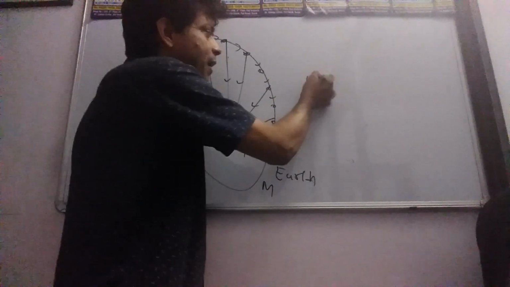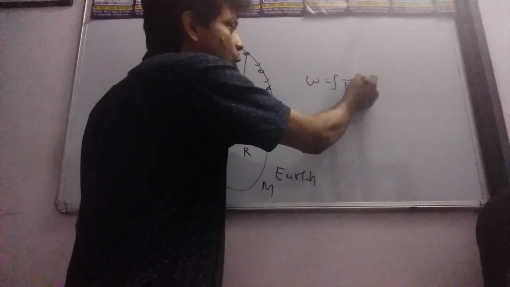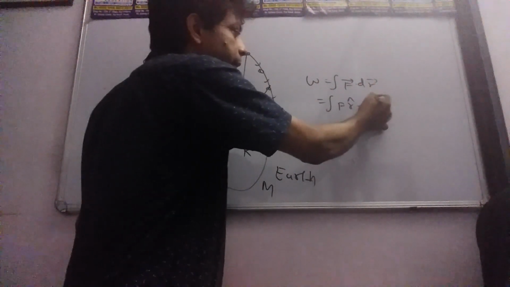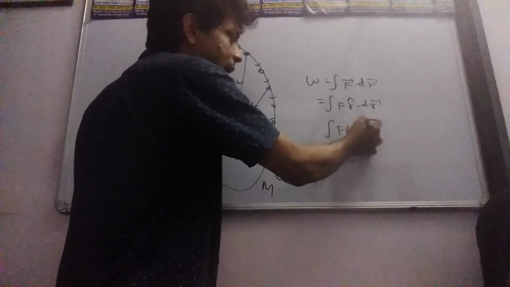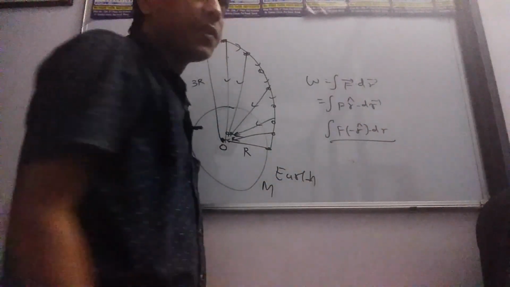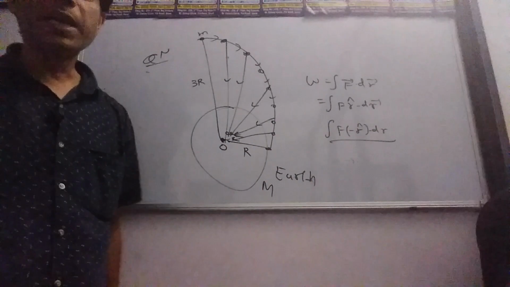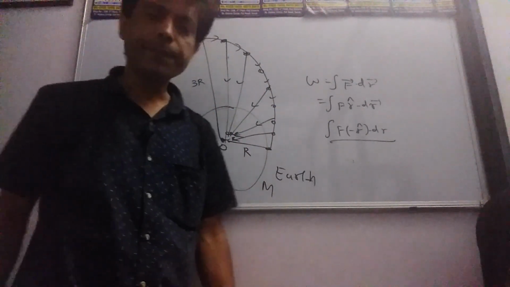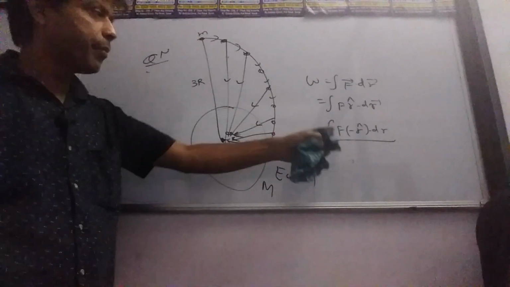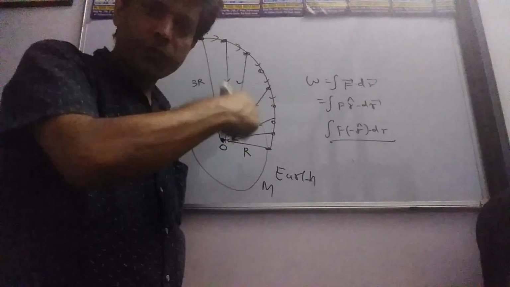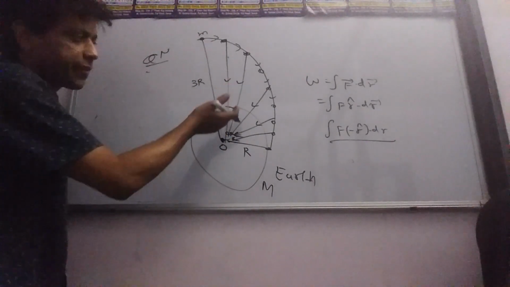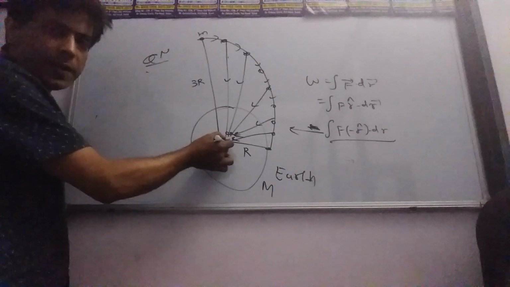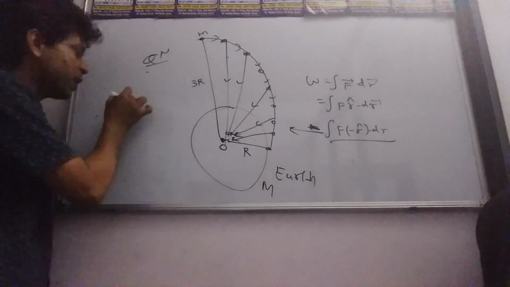Already I have said W is equal to F dot dr, that is, F vector r cap dot dr or F minus r cap dot dr. There are three fundamental formulas, we can use them according to the situation. r cap is used when force is directed outward from the origin, and minus r cap when it is towards the origin. So see the case here, it is directed towards this point. One important thing: you don't use mg here.